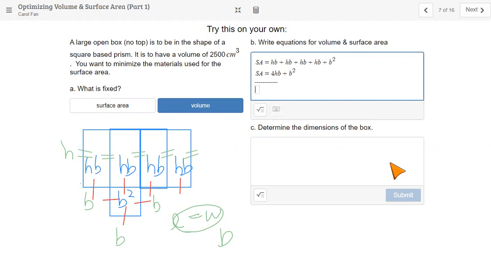Now the volume is equal to length times width times height. But we have said that L is equal to W, and we're using the letter B to represent the base.